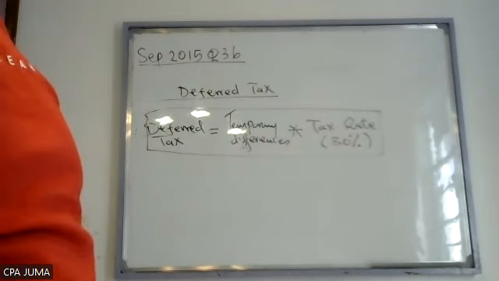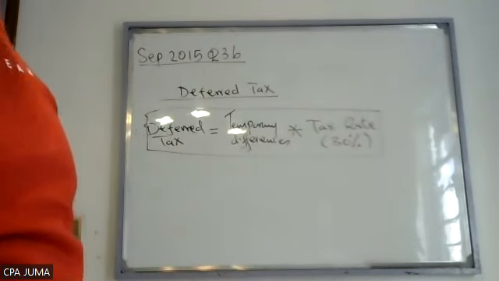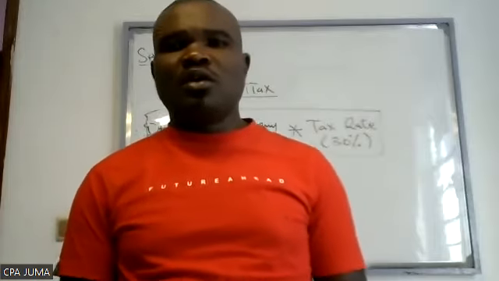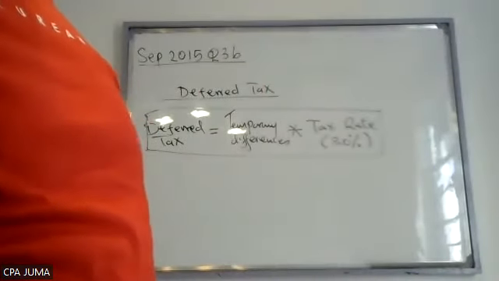I don't see anything big. I think the only thing remaining is to take you to computation. But there is something here: deferred tax recognition is just the same as others.